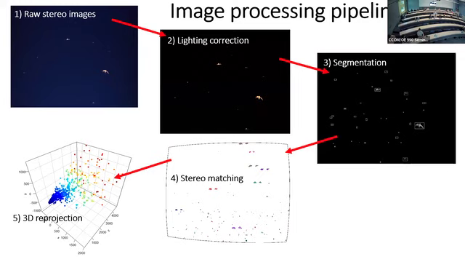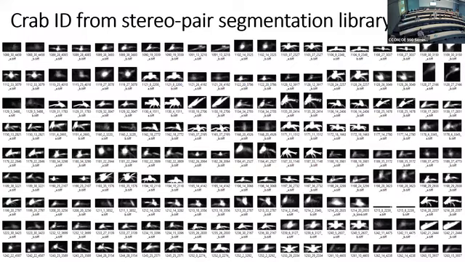To get 3D, we need to match the features between these 2 regions of interest. Once we have that, using the stereo camera calibration, we can then know the size of these animals and reproject them into 3D. That pipeline just spits out a huge amount of these paired stereo regions of interest.